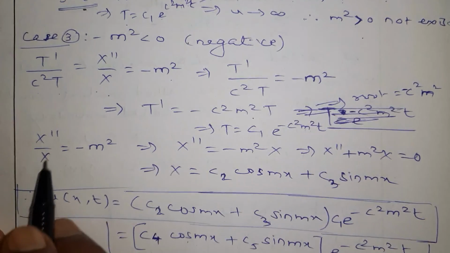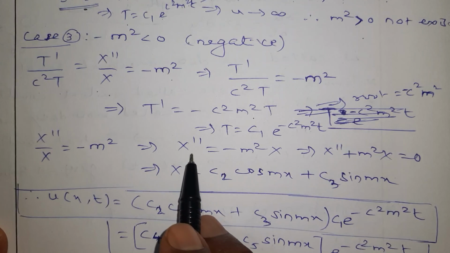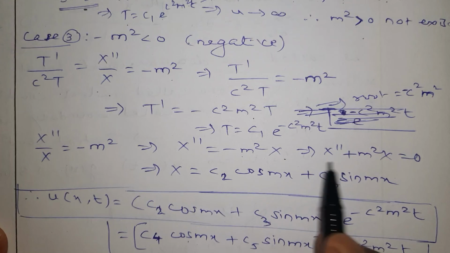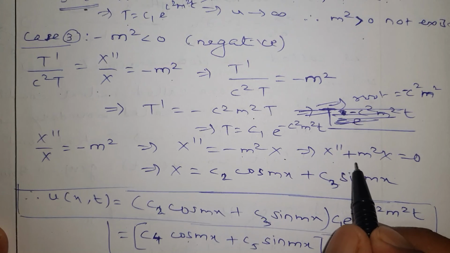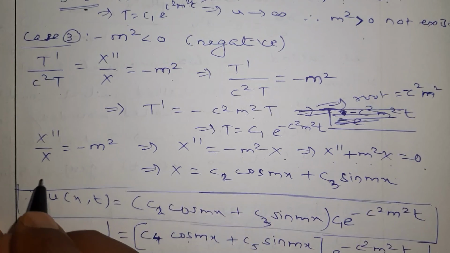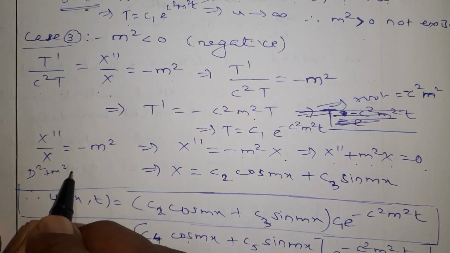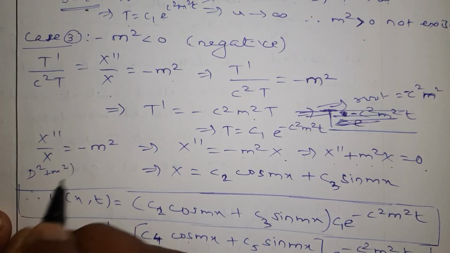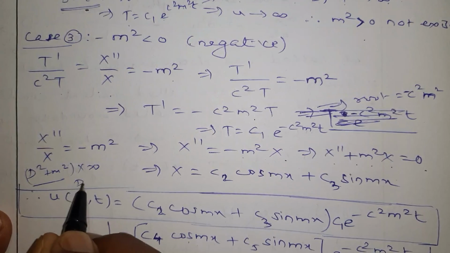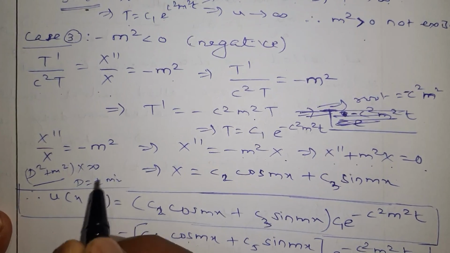And if I take the second one, x double dash upon x is equal to minus m square, then I get x double dash is equal to minus m square x. This implies x double dash plus m square x is equal to 0. If I write in the operator form, I get D square plus m square into x is equal to 0, which means D is equal to plus or minus mi.